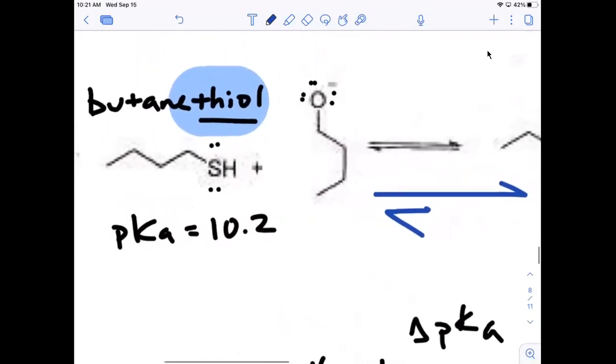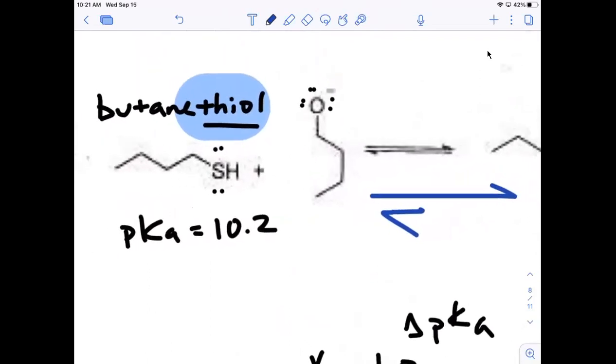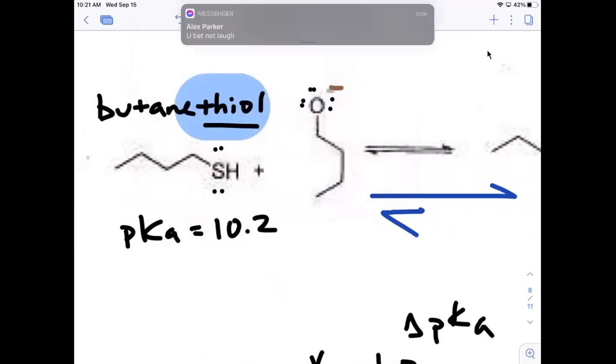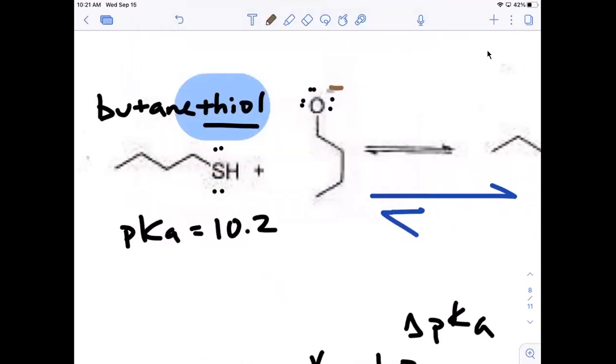Where do we start? Look at the 2 species that you're dealing with. Which one do you think is the base and which one do you think is the acid? The butanol is the acid. Butane thiol, yes. Right, and just as a rule of thumb, if you have an alcohol present in any reaction, more than likely it's going to act as an acid, because all of your alcohols are acidic.